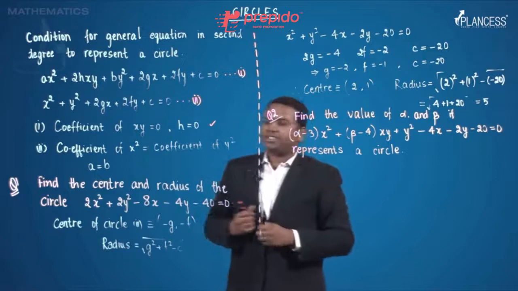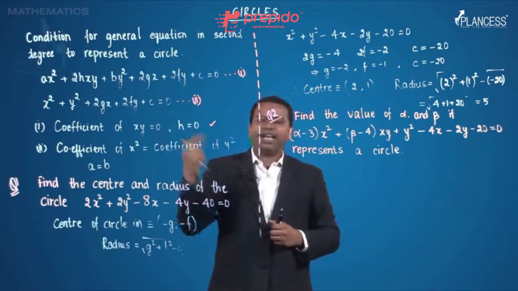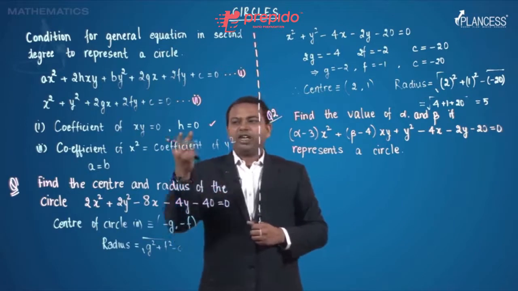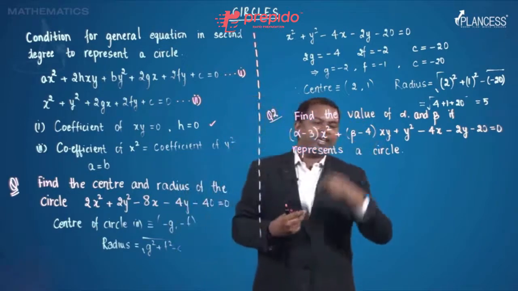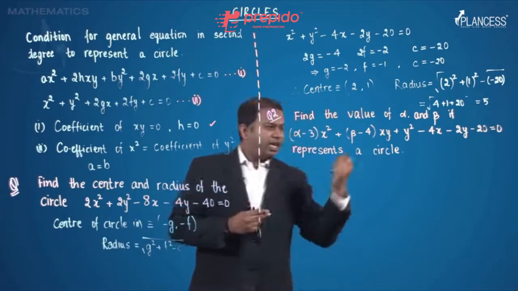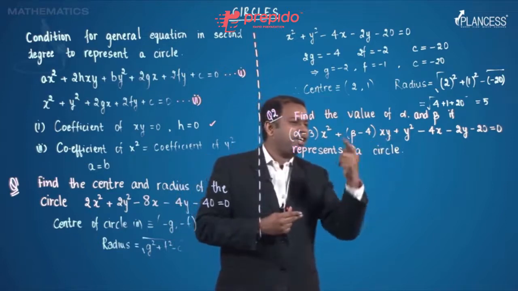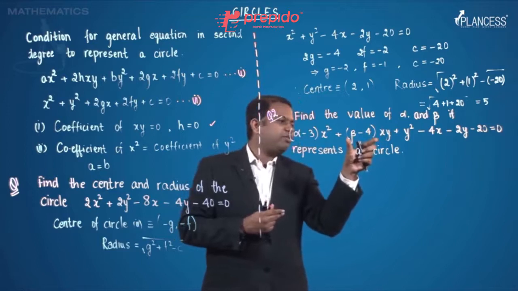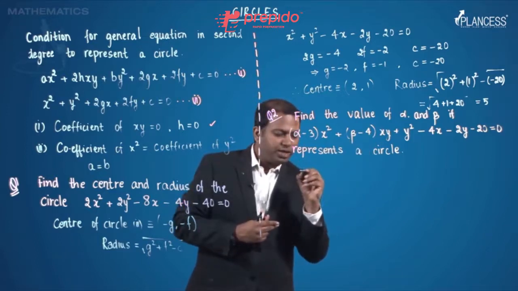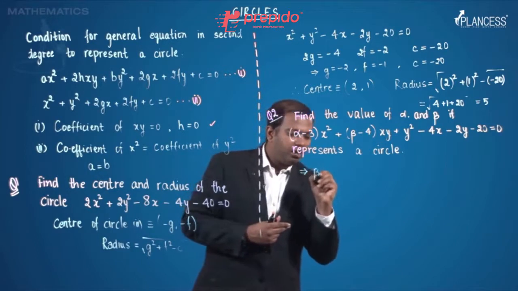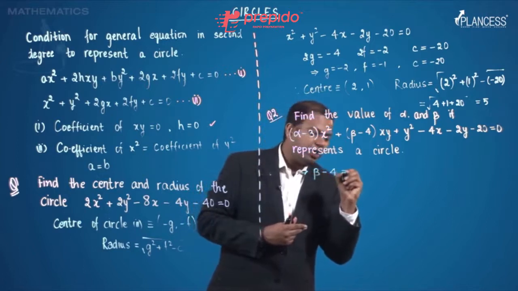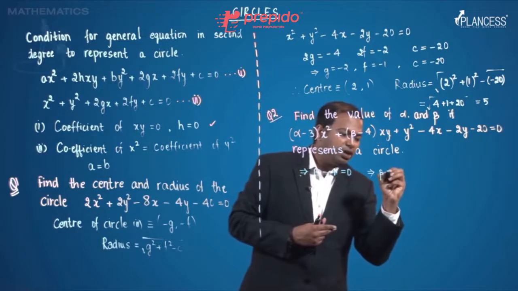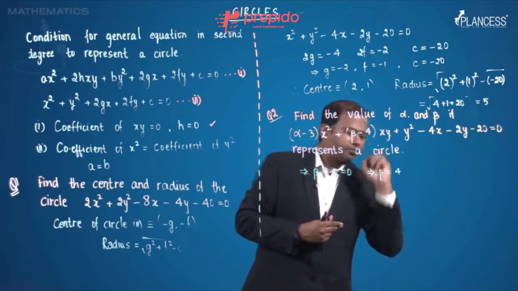So our first condition says the coefficient of x into y should be 0, which means there should be no term involving x and y, which means if we have to eliminate this term, then the coefficient of x y should be 0, which means beta minus 4 should be equal to 0, from where we get that beta is equal to 4.